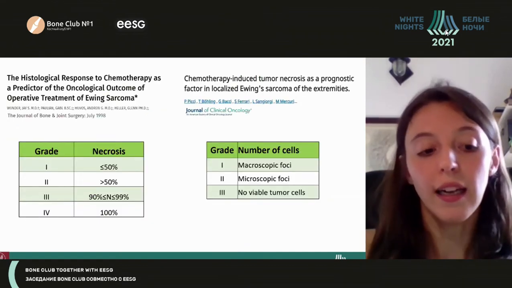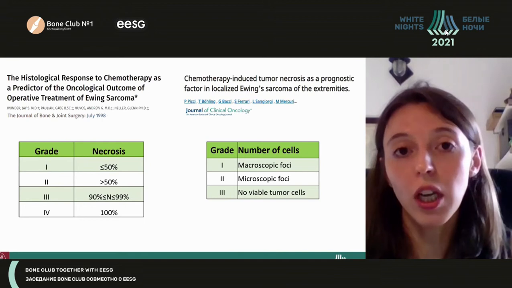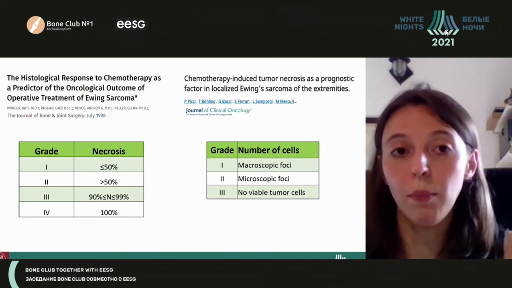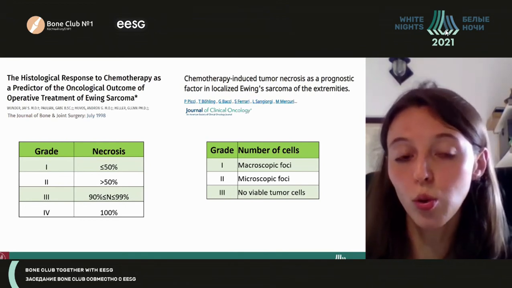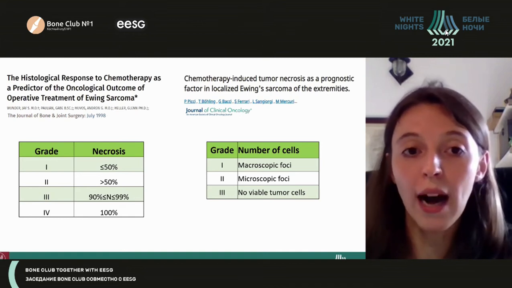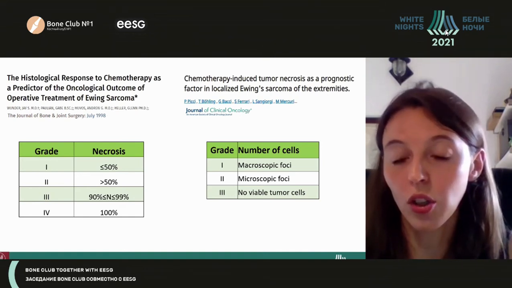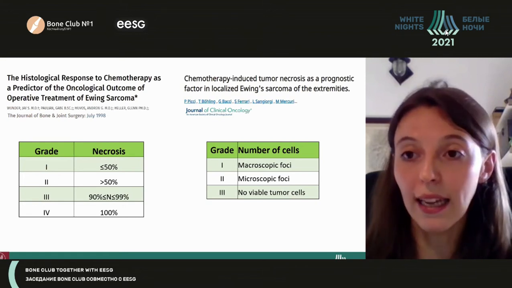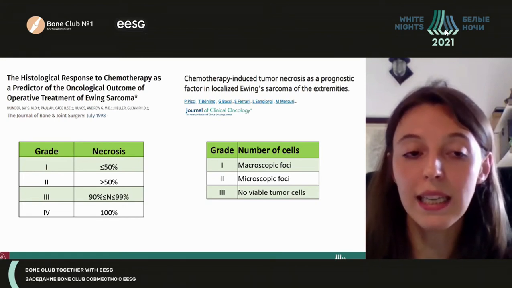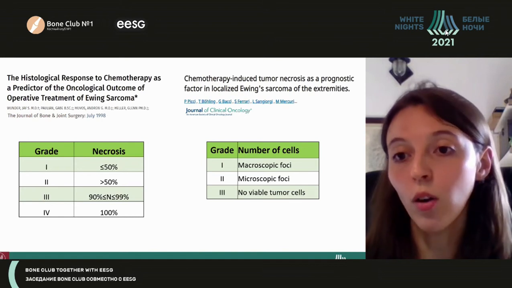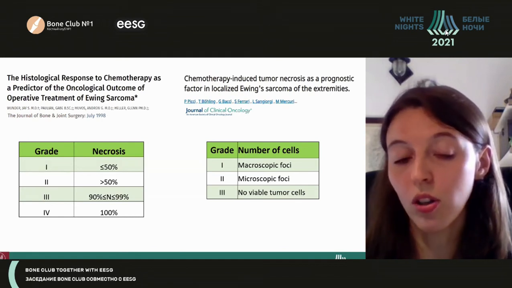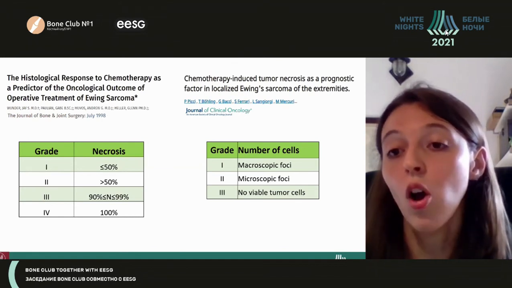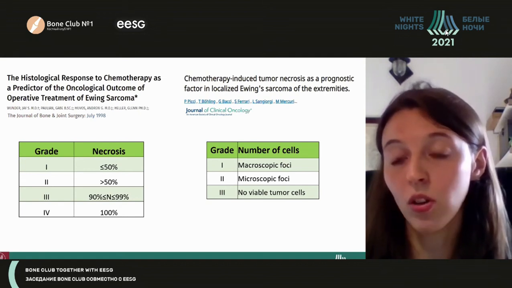To evaluate the histological response to chemotherapy, we can now use two scores. In the first one, we take into consideration the necrosis, and we can see from the table that there is a 4-grade scale, with grade 1 with little or no response and grade 4 instead with a complete response.